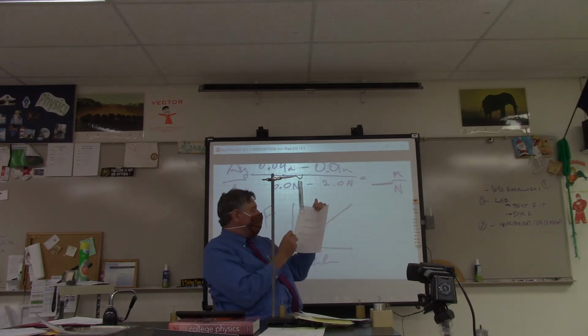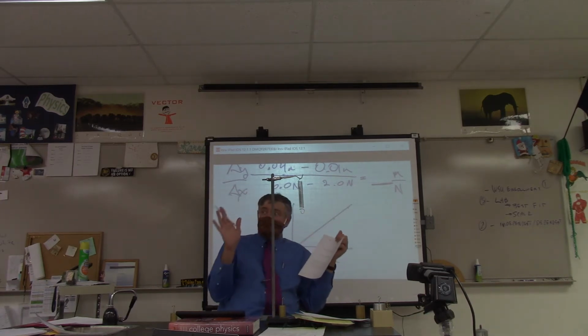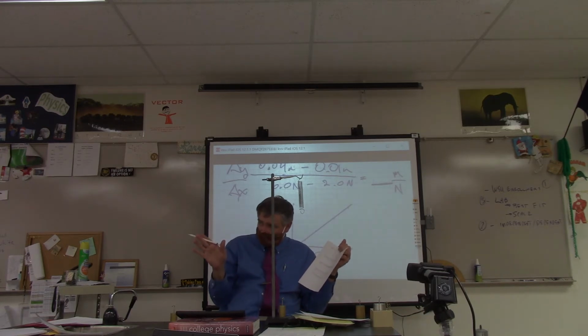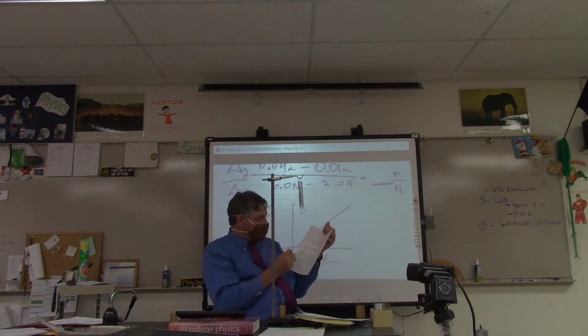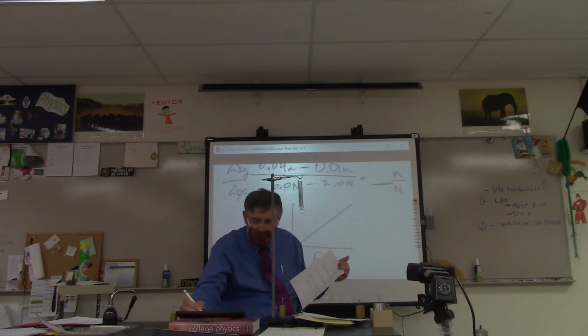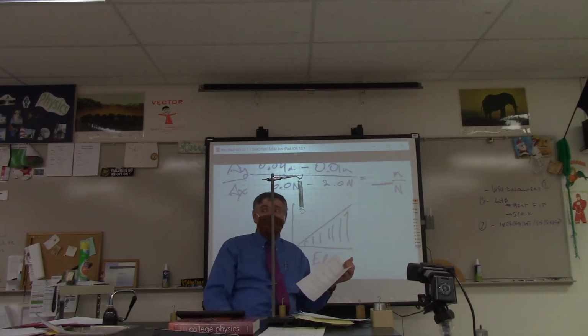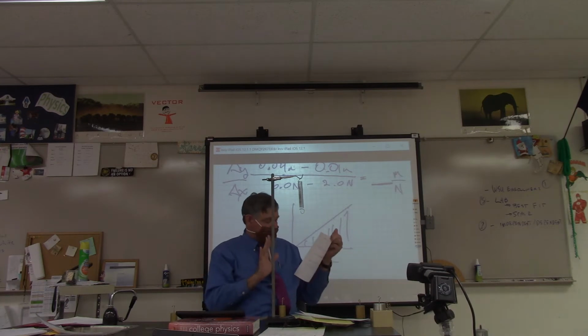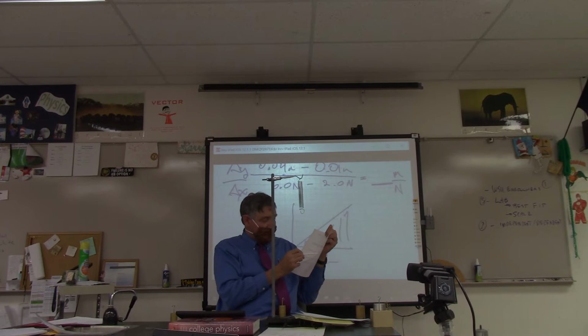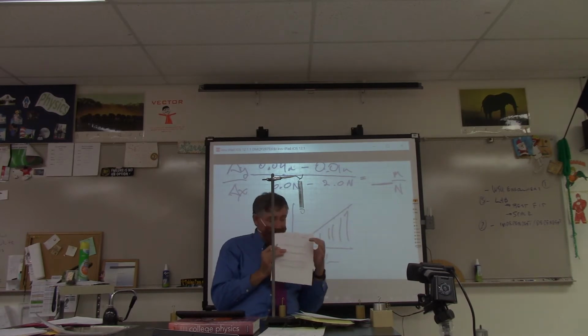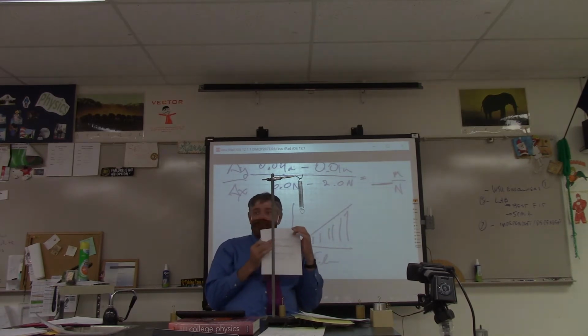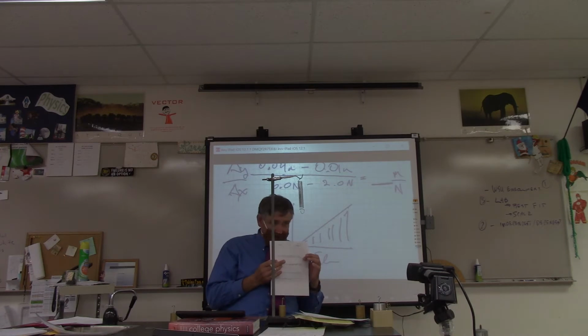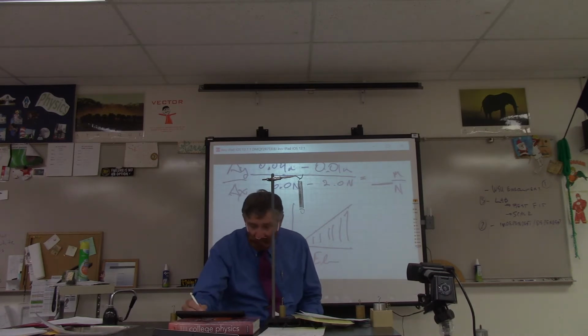Now, when you get to number 11, let me point out exactly what I want on number 11. On number 11, I want to find the area underneath this graph, okay? The x-axis is going to be your last elongation. So you're going to come up here and find that last elongation, whatever that distance is.